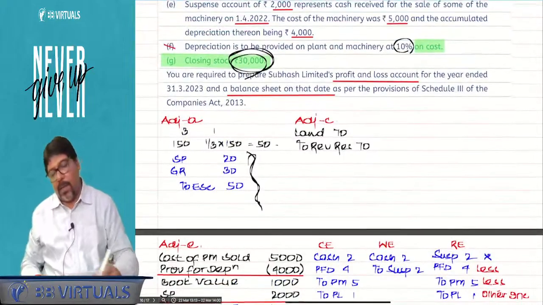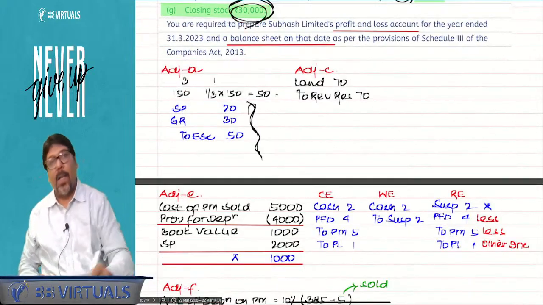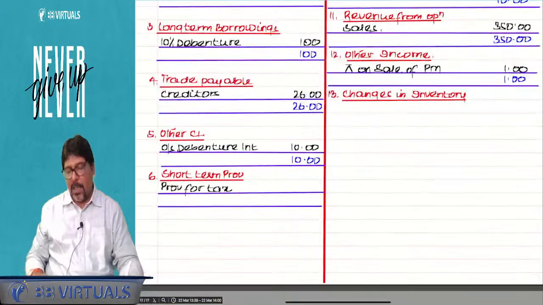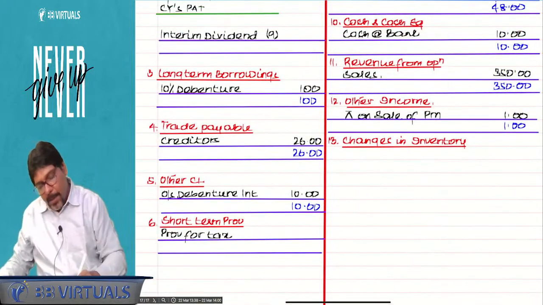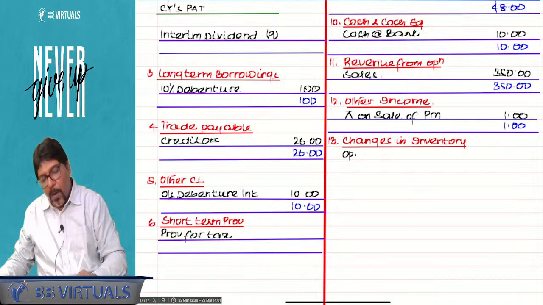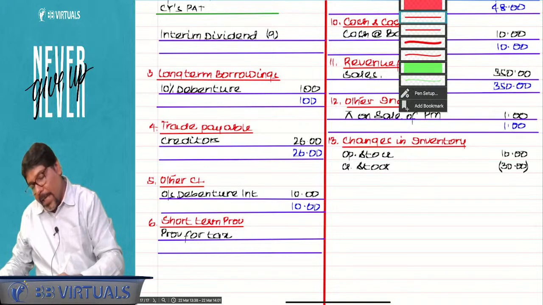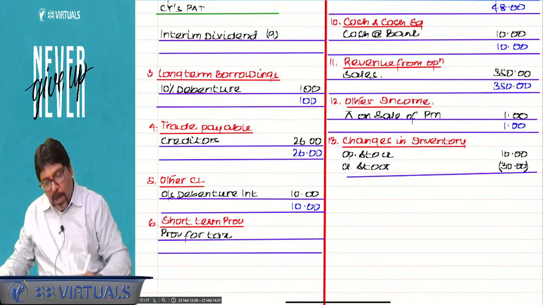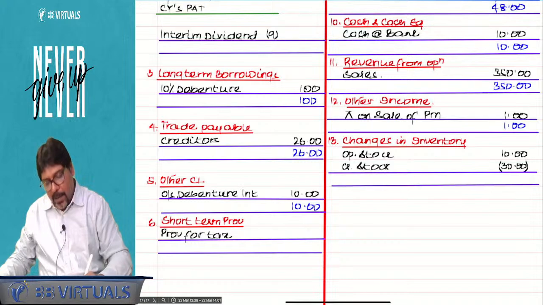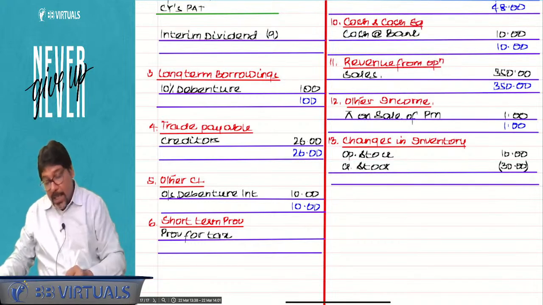Correct? So in changes in inventory, opening stock 10 less closing stock 30 will give them what, my wonderful friends? Negative 20. Yes or no? Yes, sir.